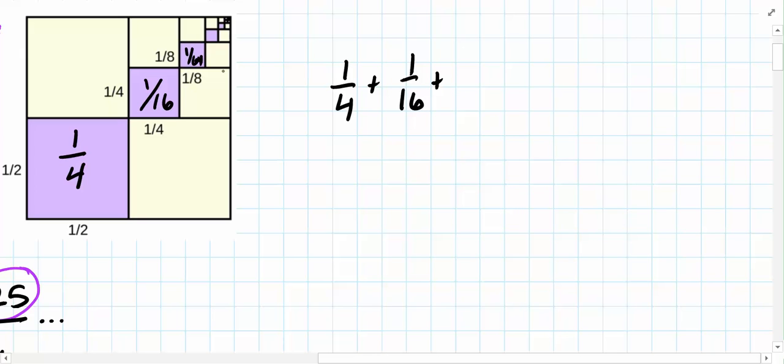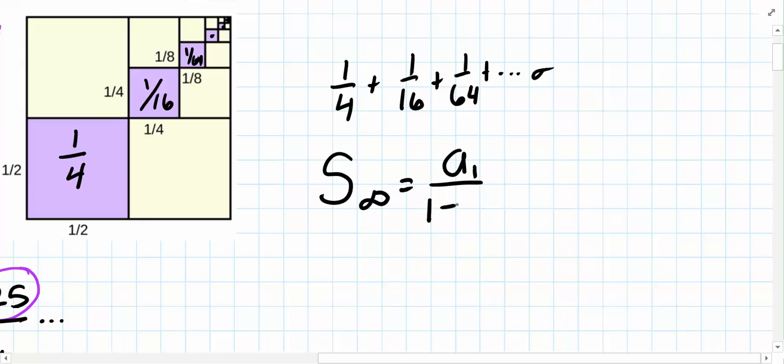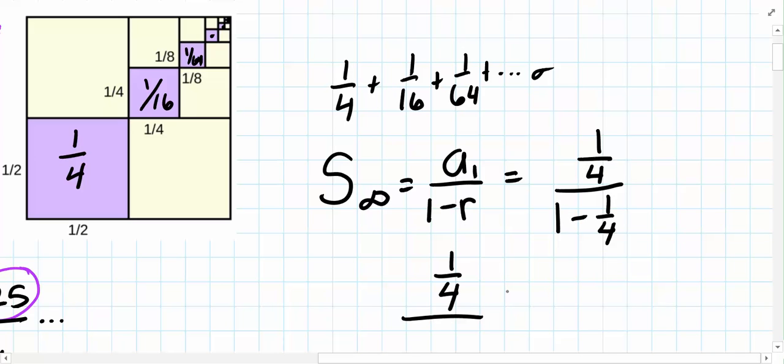Well, the sum to infinity would be the very first term over 1 minus the ratio. The first term in my sequence was 1/4 over 1 minus 1/4. Well, that's 1/4 divided by 4/4 minus 1/4 is 3/4, which is a third.